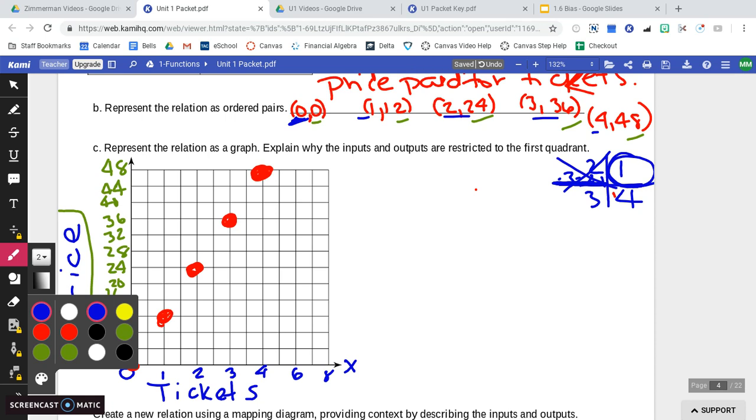We don't want to be in quadrant 3 because that would be negative tickets and negative prices on the y-axis. Neither of those could exist. Quadrant 4 doesn't work because even though we have a positive number of tickets, which is normal, we wouldn't be paying negative prices. So the only quadrant that makes sense is quadrant 1.